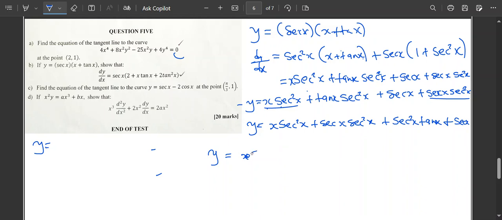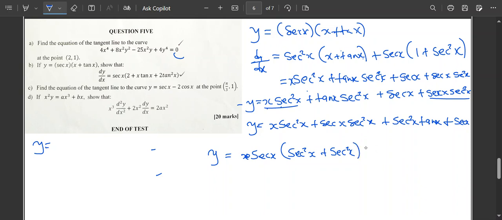In short, I have sec x as being common, then that would be sec squared x, then plus sec squared x, like that. Okay, so that is for these two.